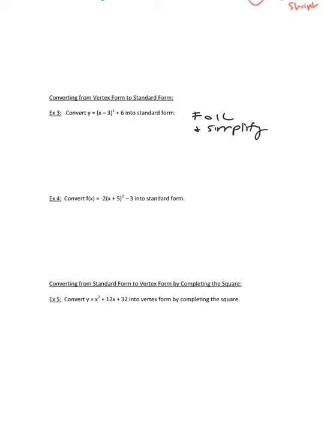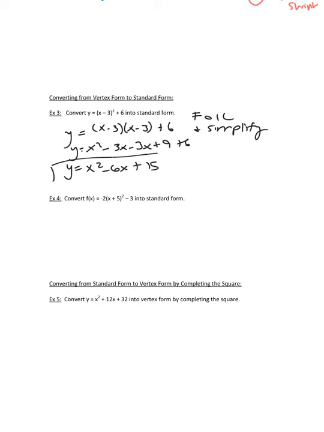And that will convert you to standard form. So if you see x minus 3 squared, that means x minus 3 times x minus 3, and then add the 6. So I'm going to get x squared minus 3x minus another 3x plus 9 plus the 6. And when I combine those, x squared minus 6x plus 15, now I am in standard form.